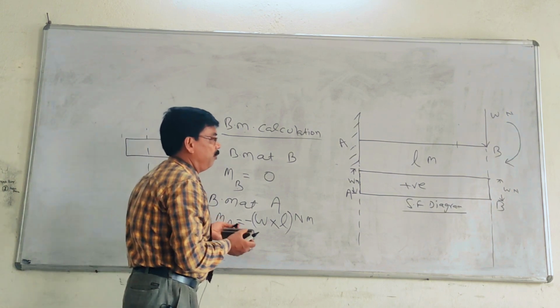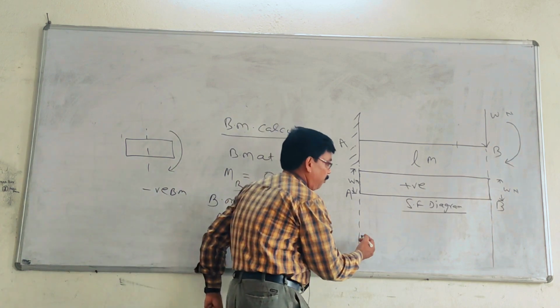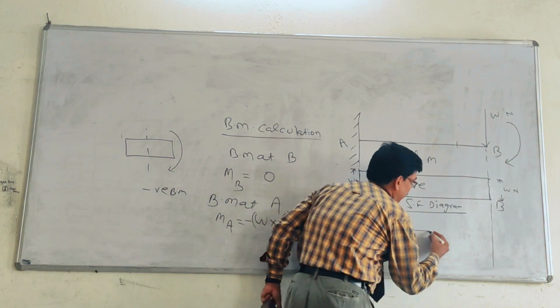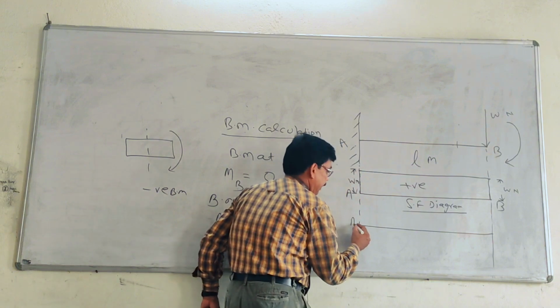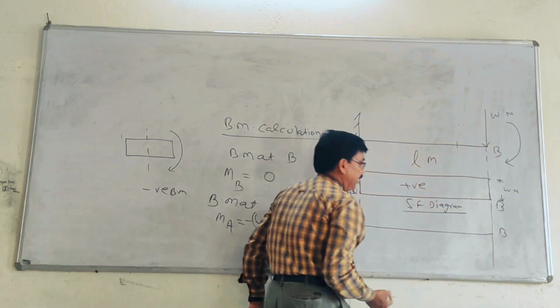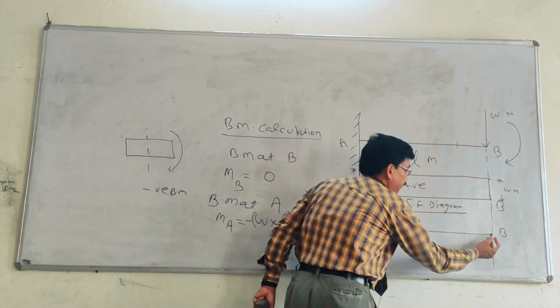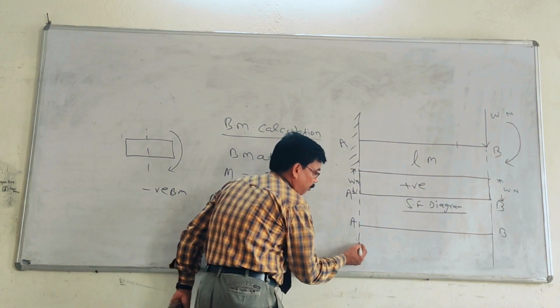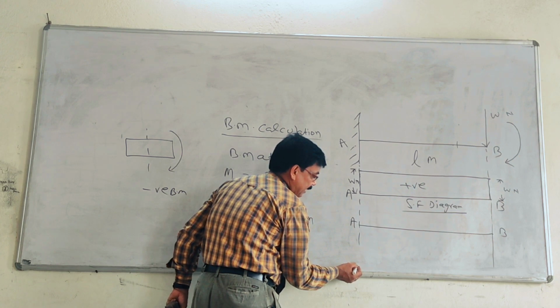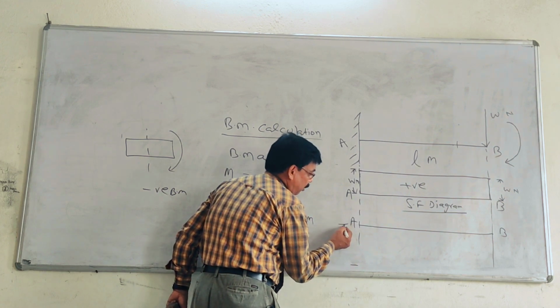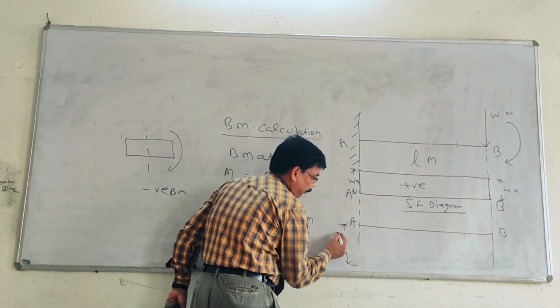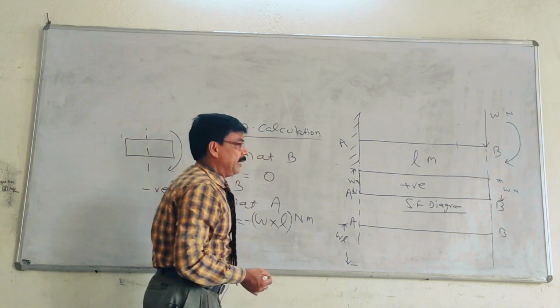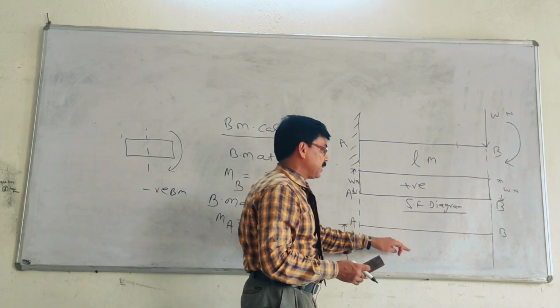Now we will draw the bending moment diagram. Draw the baseline. This is A, this is B. Bending moment at B is 0, and 0 means baseline. At A, the bending moment value is W into L. So mark any distance representing W into L. It is a negative value, so below the baseline.